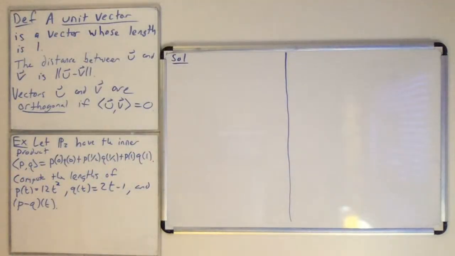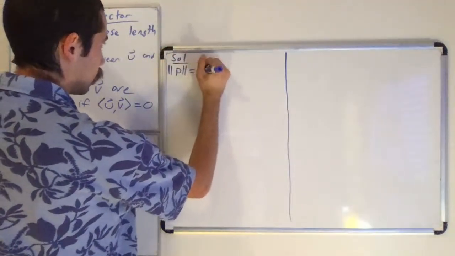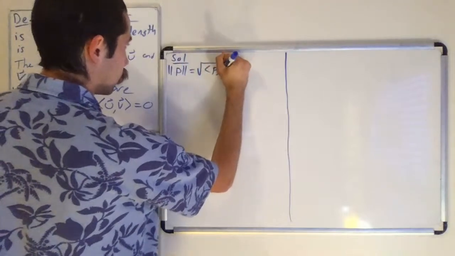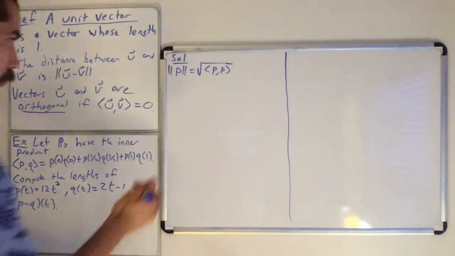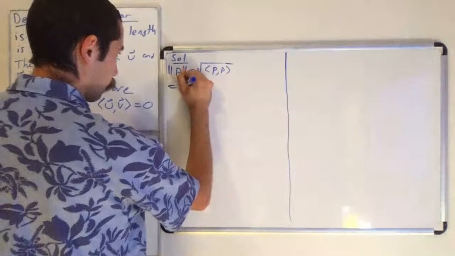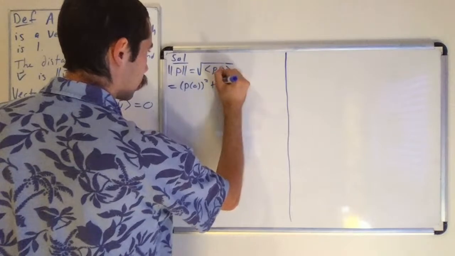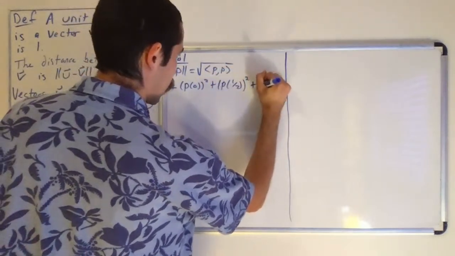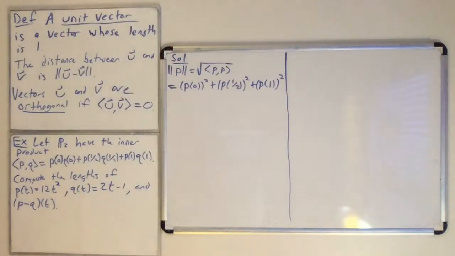So to find the length of these vectors, the length of p is equal to the square root of p with itself, which is equal to p of 0 squared plus p of 1/2 squared plus p of 1 squared. P of 0 is 0.